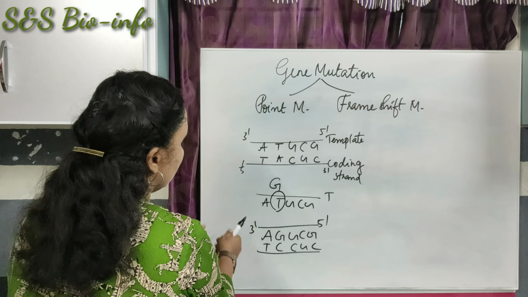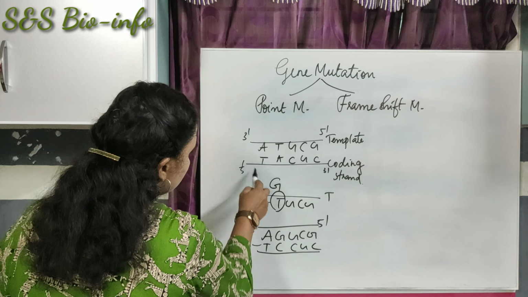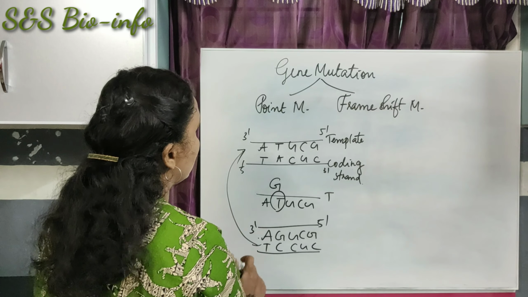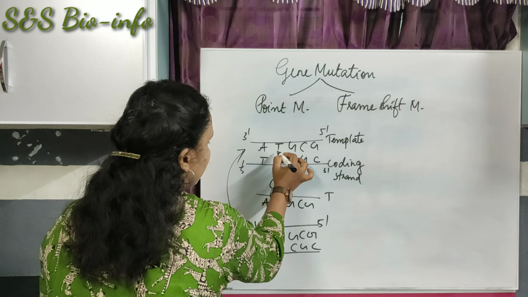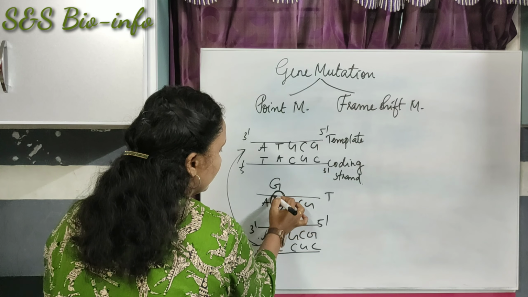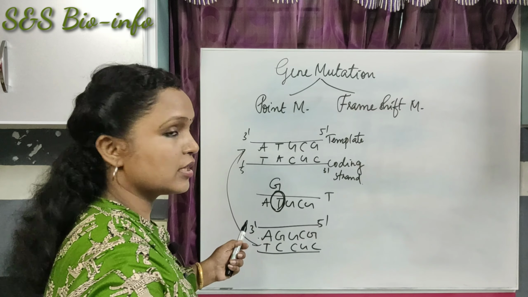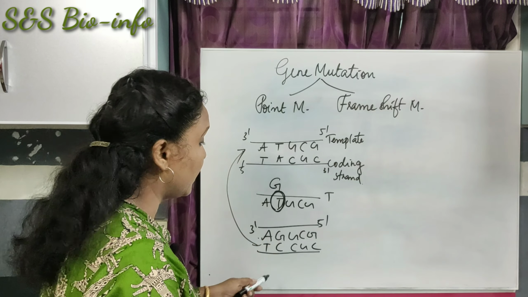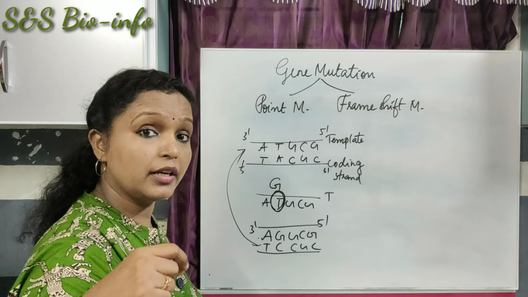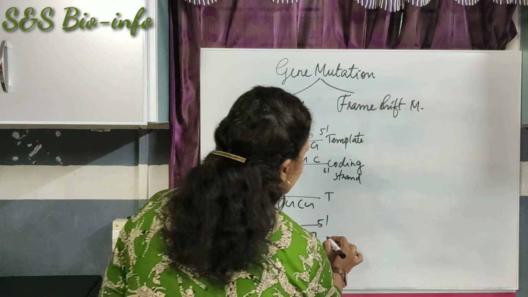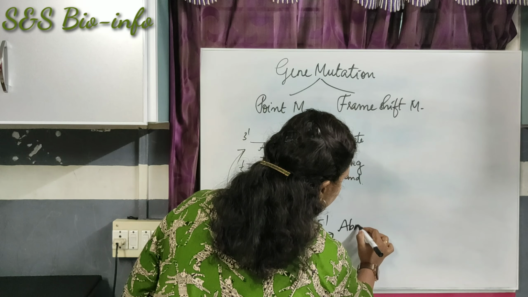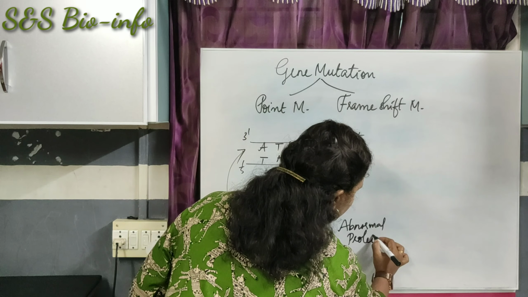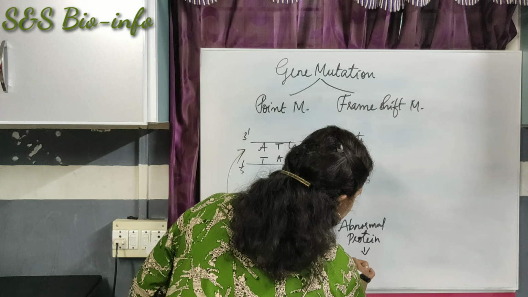See how this DNA segment is different from the first one. This is called point mutation. A change in a single nucleotide base causes alteration of the DNA segment, thereby an abnormal protein will be synthesized, and finally an abnormal trait.